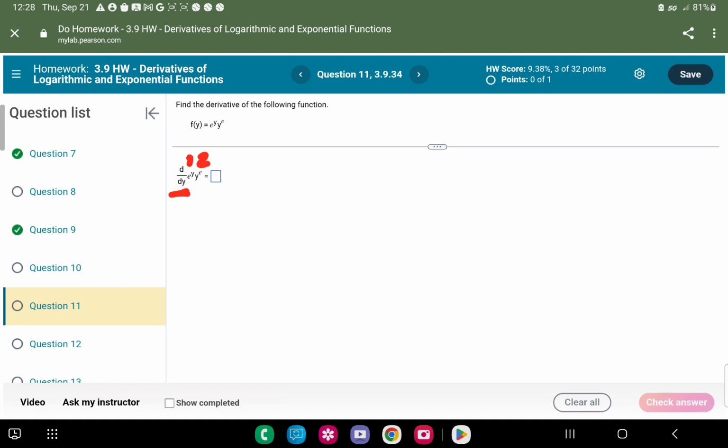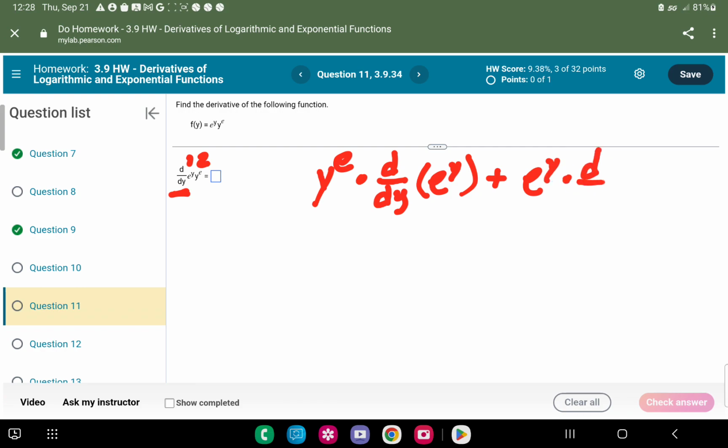And the derivative here is going to be the second function, y to the e, times the derivative of the first function, so the derivative with respect to y of e to the y, and then plus the first function times the derivative of the second function, y to the e power.